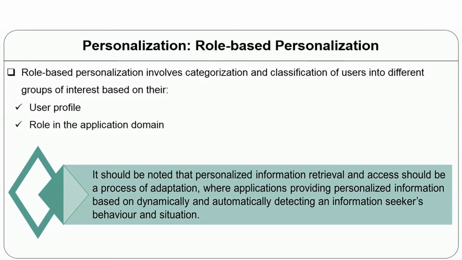It should be noted that personalized information retrieval and access should be a process of adaptation, where the application provides personalized information based on dynamically and automatically detecting an information seeker's behavior and situation. So this depends on a lot of components, like how a user seeks information, what the behavior of it is, etc. Generally this is done in the business or marketing industry.